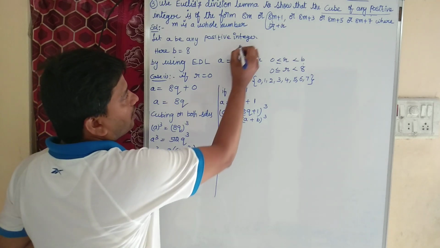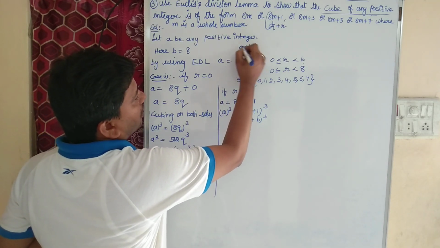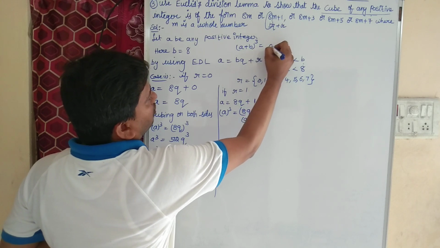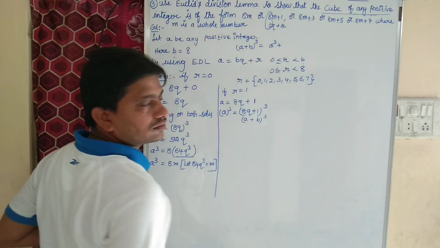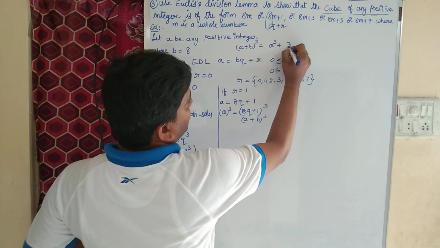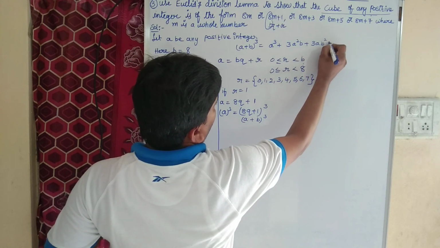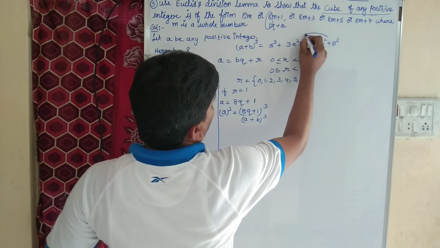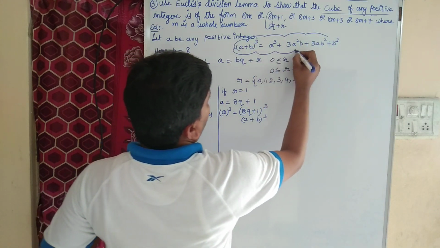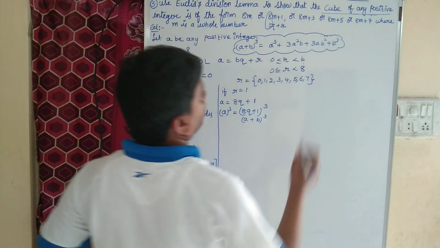What is the formula of (a plus b) whole cube, children? (a plus b) whole cube equal to a cube plus 3a square b plus 3ab square plus b cube. Here we are using this formula.